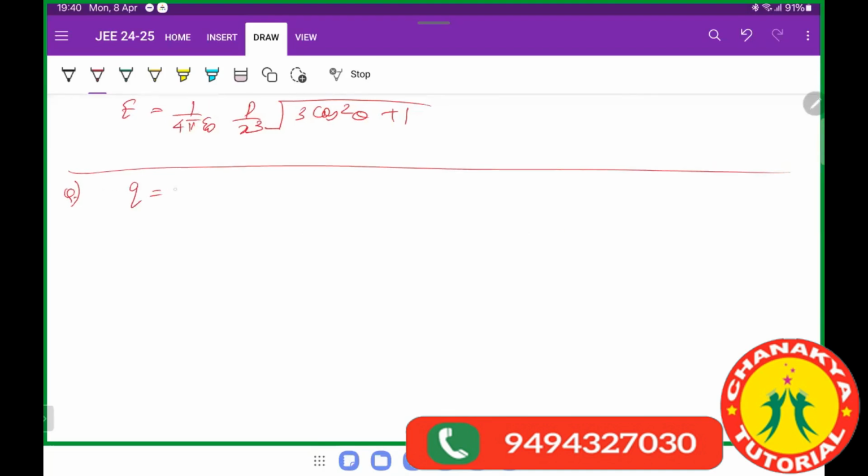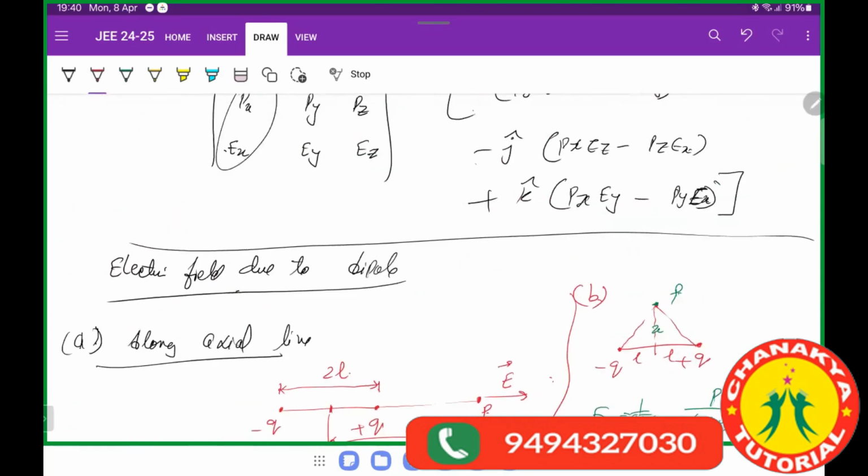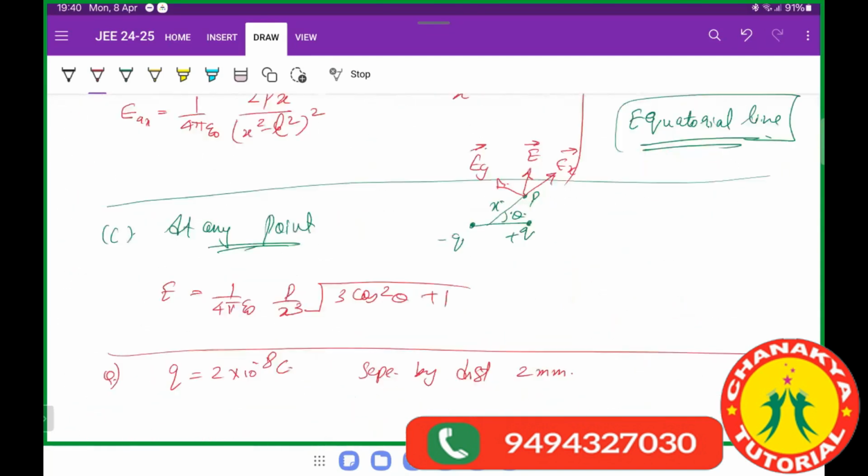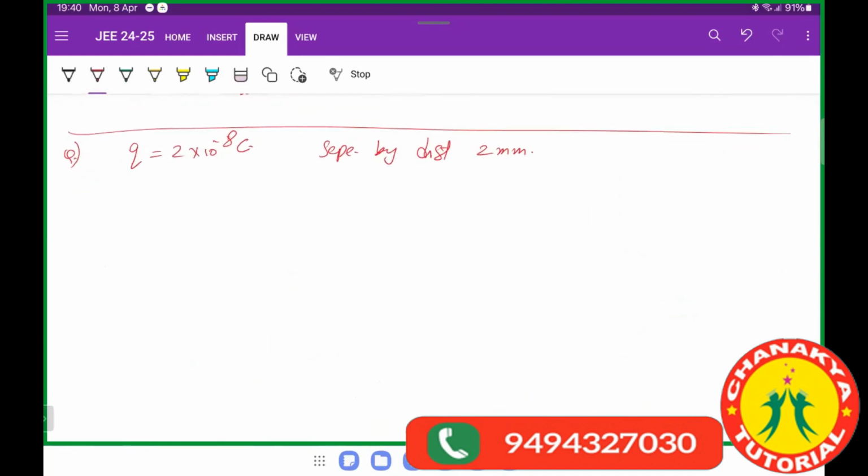The charge is 2 into 10 to power minus 8 coulomb, separated by a distance of 2 millimeters. This distance will always be very, very small.